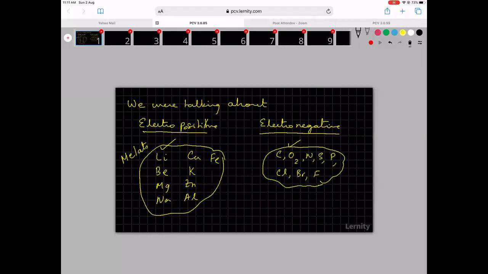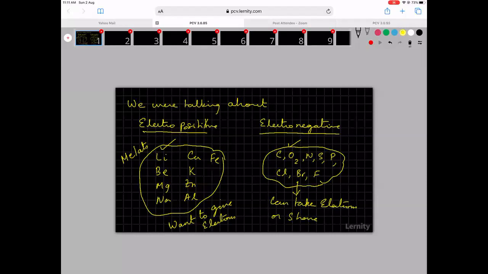And we said electropositive elements want to give electrons. Now electronegative elements can take electrons or share. Okay, they can take electrons or share.